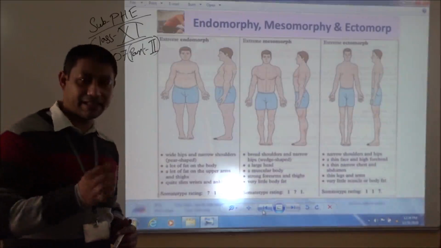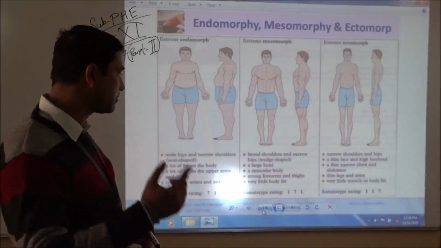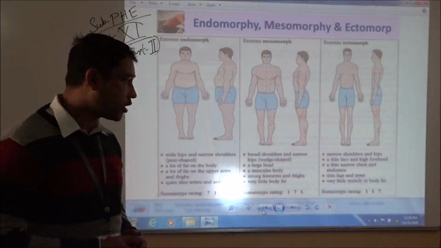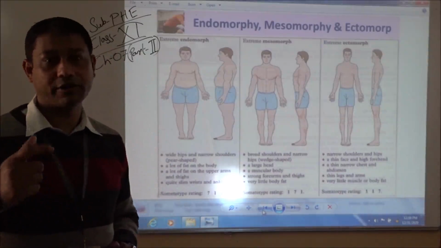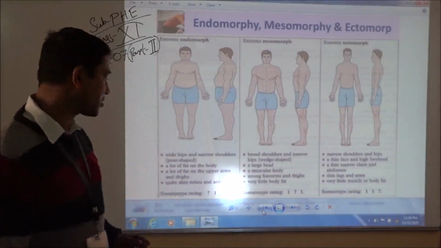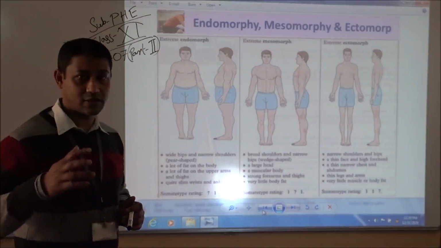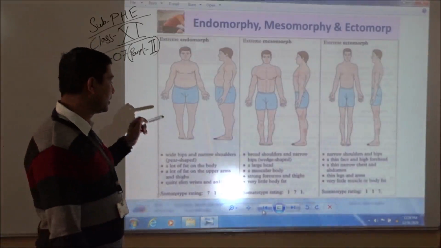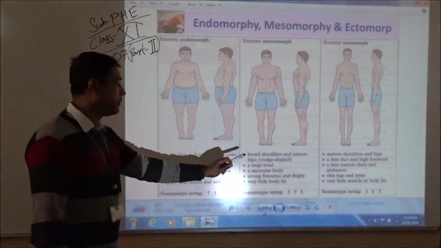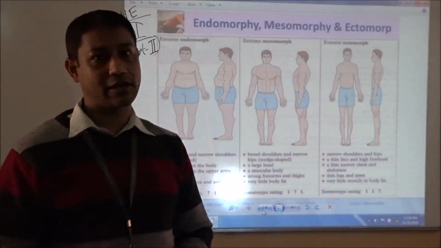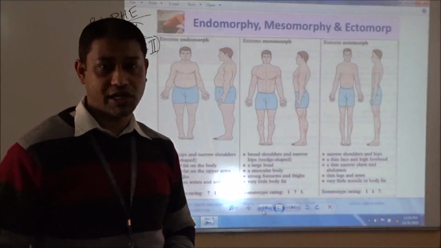They have thin legs and thin arms. They have very little muscle or body fat. So these three classifications of various body types, also known as somatotypes, that is endomorph, mesomorph and ectomorph, have been classified by the famous psychologist William Sheldon.